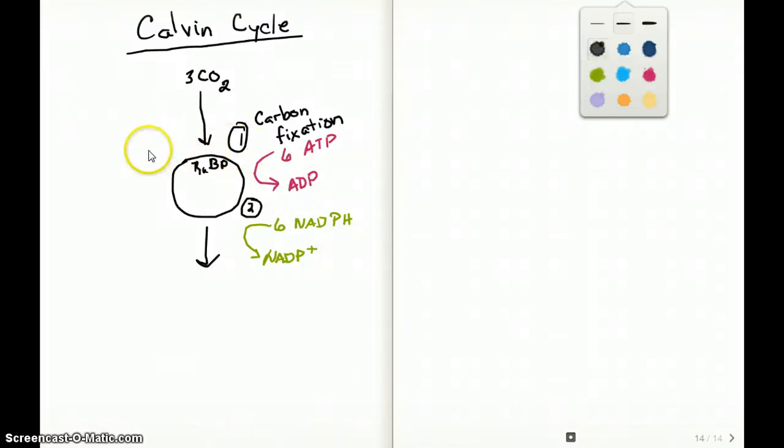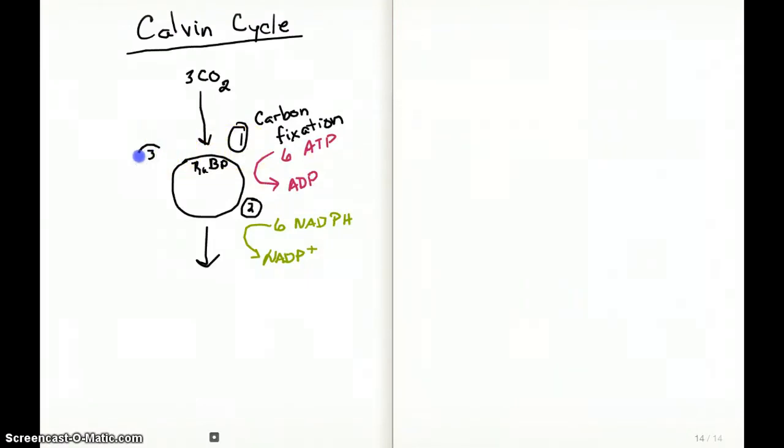And we have over here our third step. For our third step, we are regenerating RuBP for the second step.